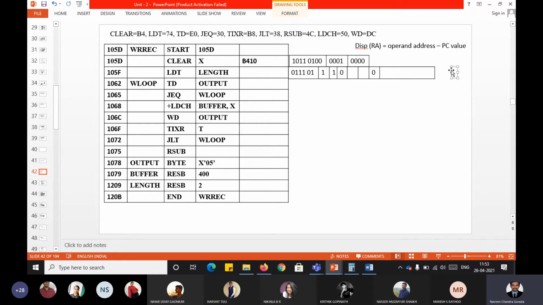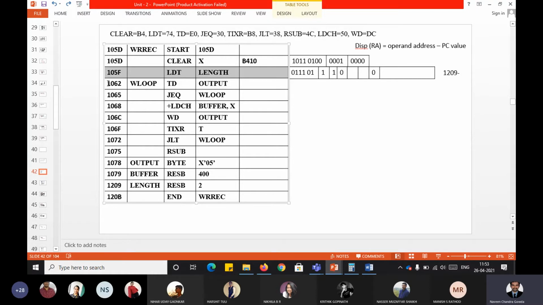In this instruction, the operand is length. What is the address of length? It is 1209. So it is 1209 minus the PC value. For this instruction, what is the PC value? We are at this instruction right now, and the PC will be holding the next address.